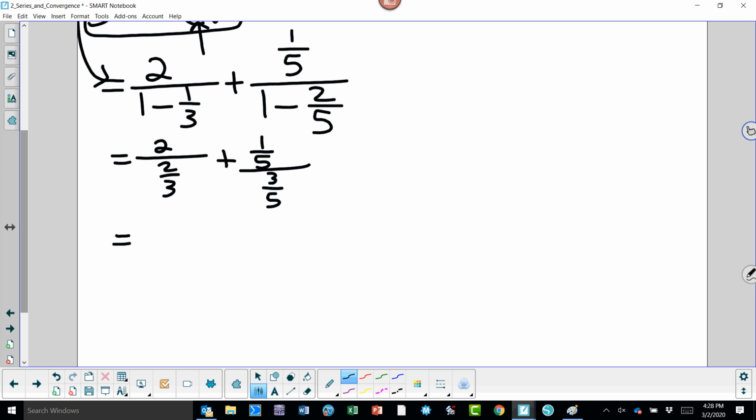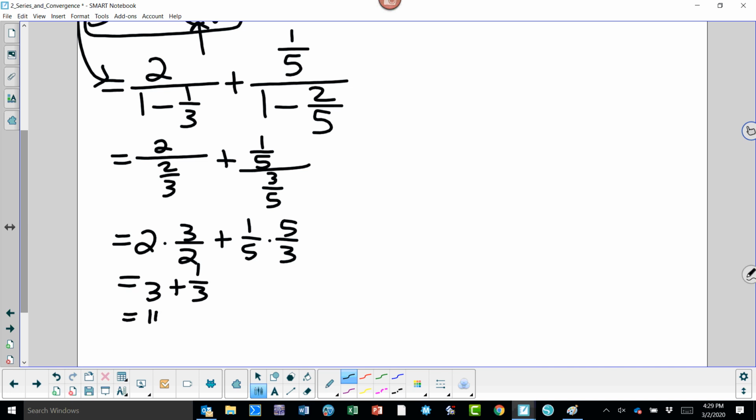I'm actually going to do both ways so that you make sure that you understand that. Here I'm going to flip over, and I'm going to write this out kind of excruciatingly: 2 times 3/2, because I'm going to flip it, plus 1/5 times 5/3. So that's going to be 3 plus 1/3, which is 10/3.